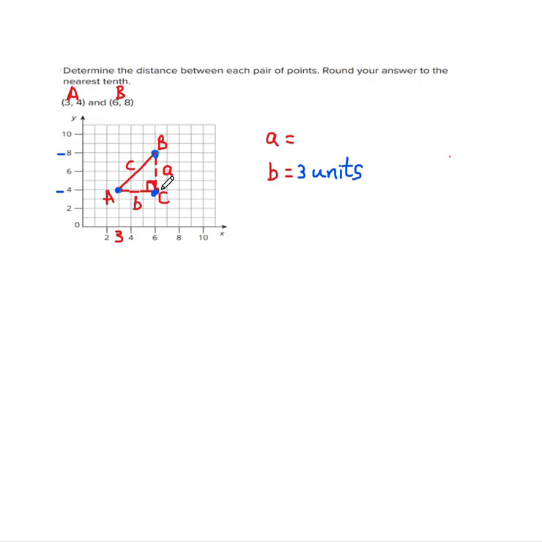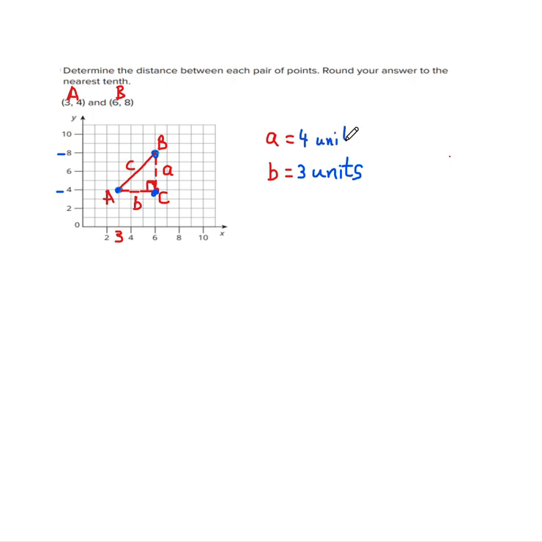Or we can simply count the number of squares between C and B here, because each square represents 1 unit. So it's 1, 2, 3, 4. That's 4 units between C and B. So the vertical distance A, which is the height of this right triangle, is 4 units.